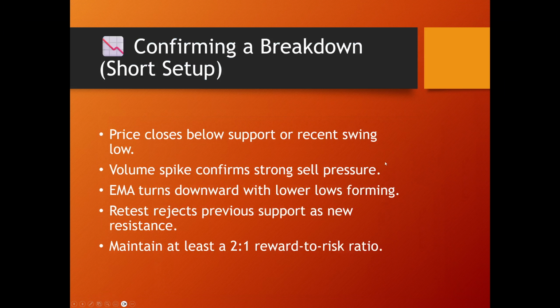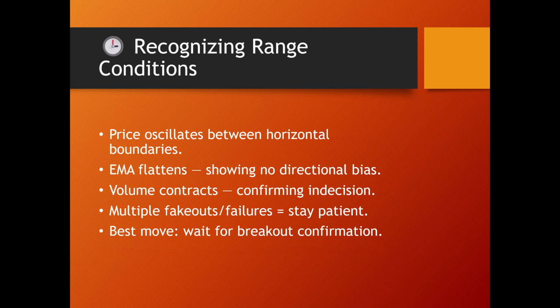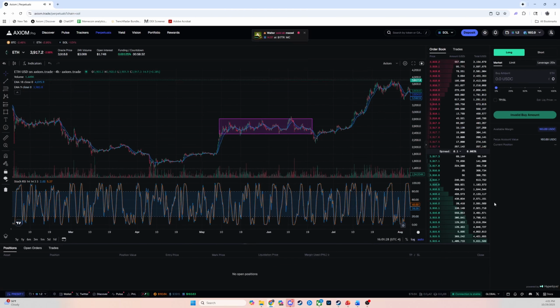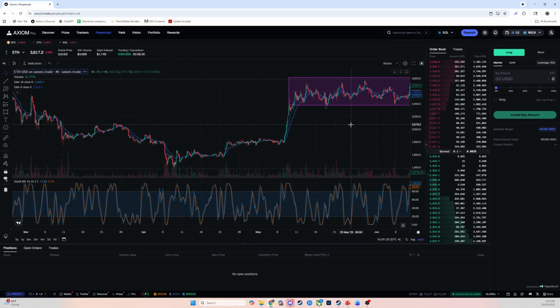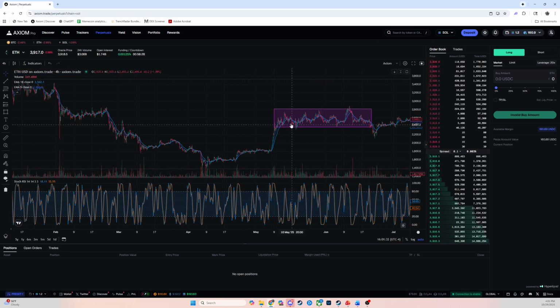So, all right, I spoke a little bit about shorting positions with that Ethereum example, and I spoke about recognizing range conditions. So I'll go back to the Ethereum chart. You'll see that the chart really likes to fluctuate in between this range.